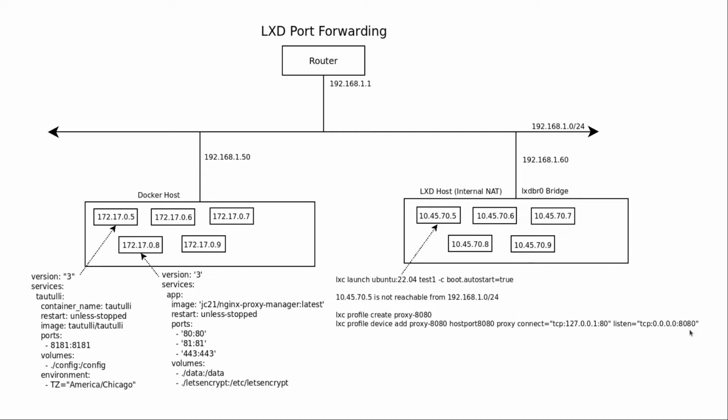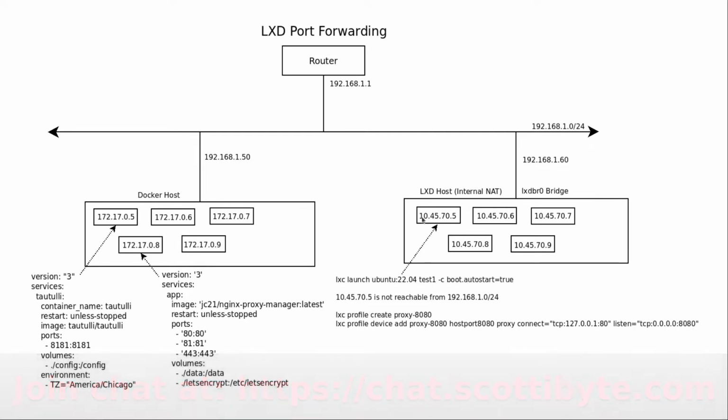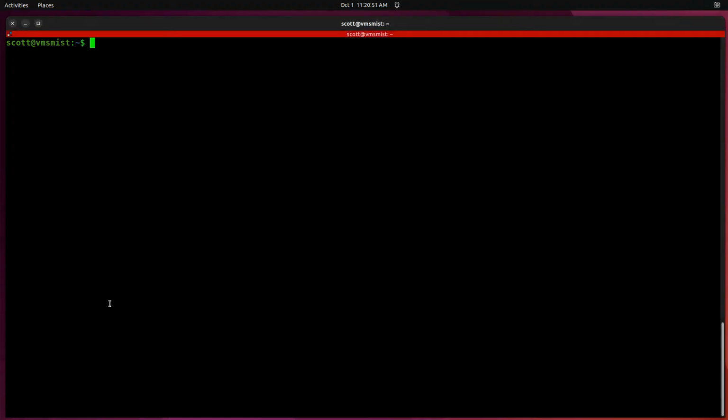So in essence, we're saying that if somebody accesses 192.168.1.60 port 8080, they're going to be connecting to port 80 on this container on the inside of that LXD NAT at 10.45.70.5.